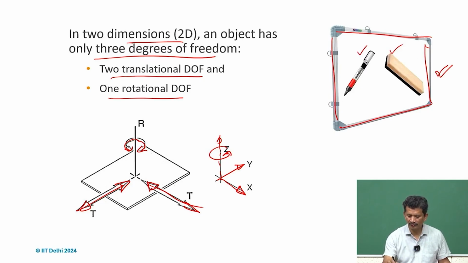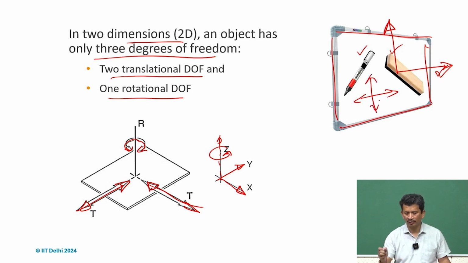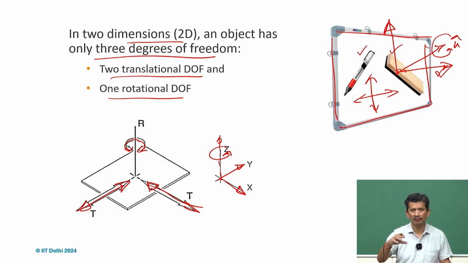Here we can define 2 axes, x axis and y axis. This duster can move in the plane along x and y, it can go anywhere, but at the same time it can also rotate about the axis perpendicular to the plane.